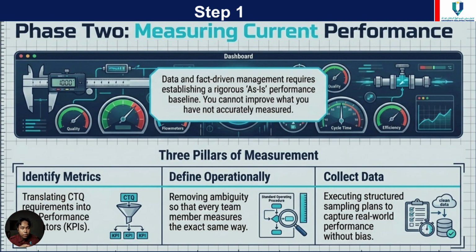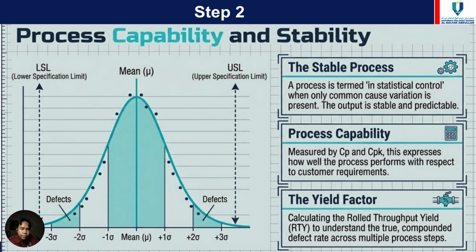We standardize each definition, so there are no different calculations among team members. And then we also collect data, where we execute structured sampling plans to capture real world performance without bias.